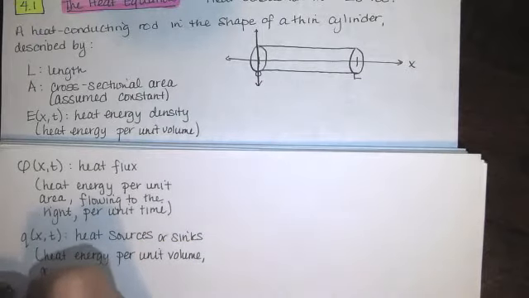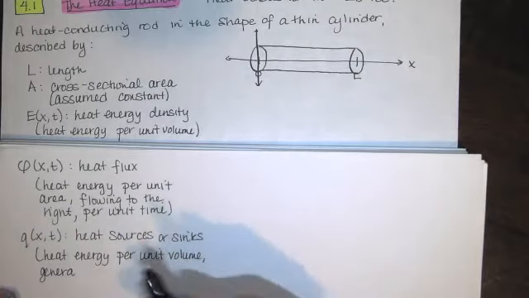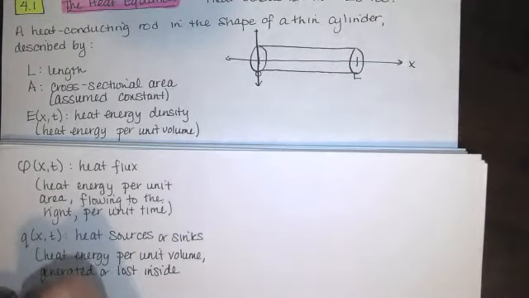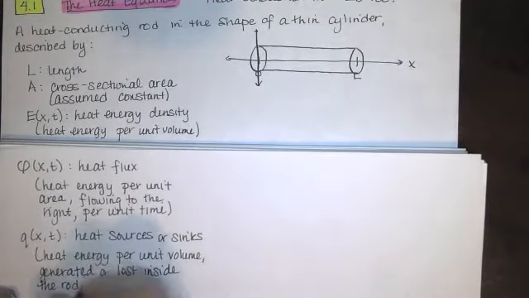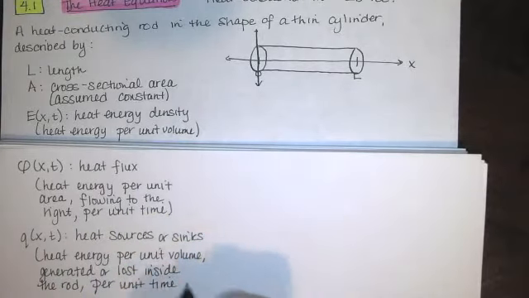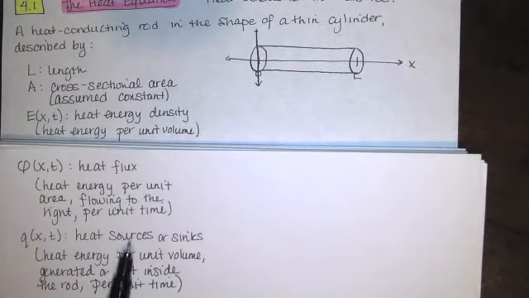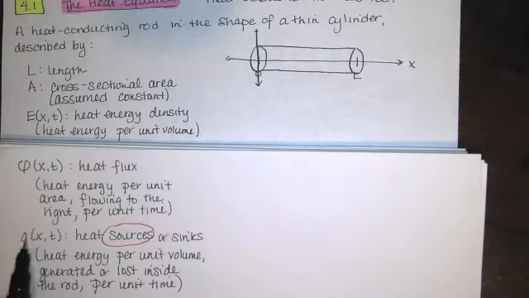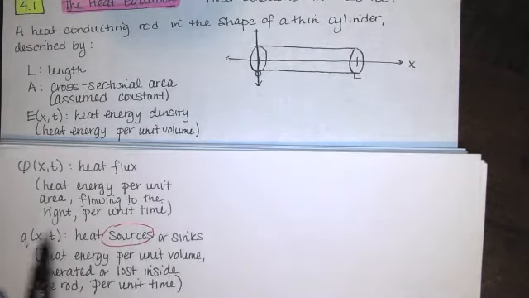And this is generated inside the rod or lost inside the rod per unit time. Now, typically when you read a partial differential equations book, instead of saying sources or sinks every time, they're just going to use sources whenever they talk about Q of x and t. And they're not going to specify sources or sinks, but obviously if it's negative, then it's a sink. If it's positive, then it's a source.